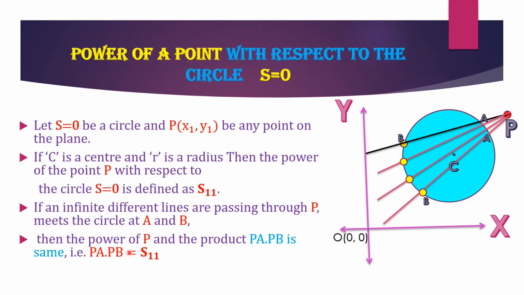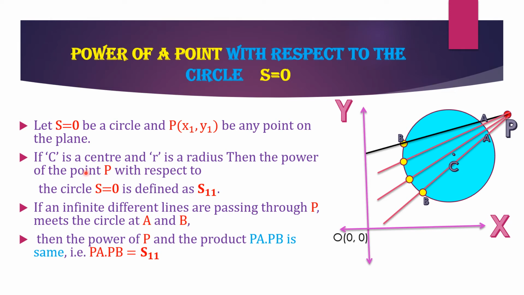The proof of this result is already in our academic textbooks. Here I tell it briefly. First of all, we take the general form S equals x square plus y square plus 2gx plus 2fy plus c equals 0. Now the parametric points are of the form x equals x1 plus r cos theta and y equals y1 plus r sin theta.